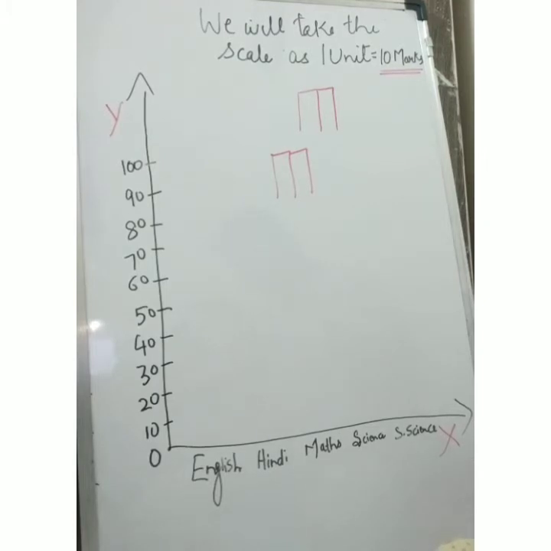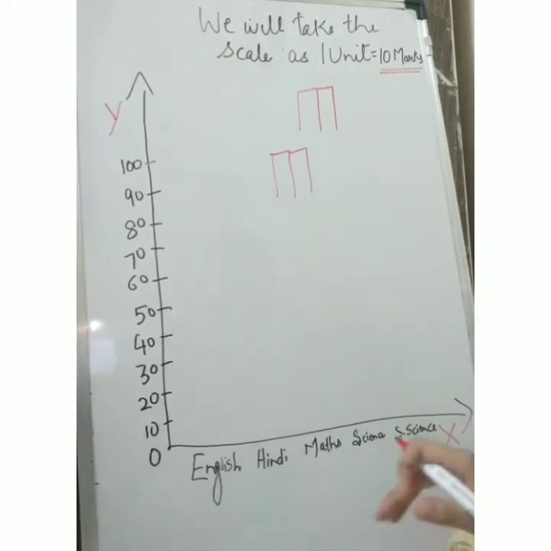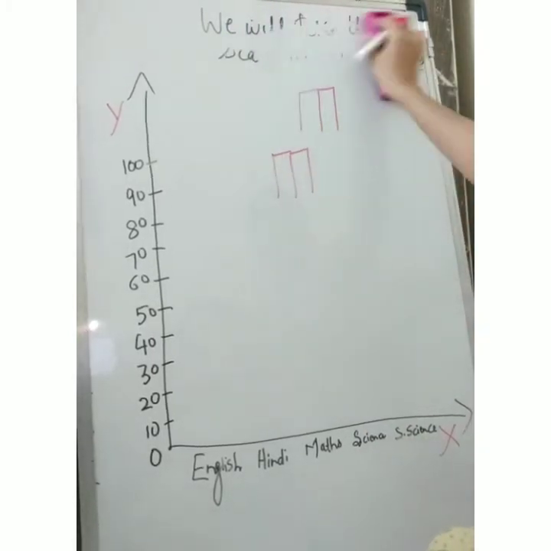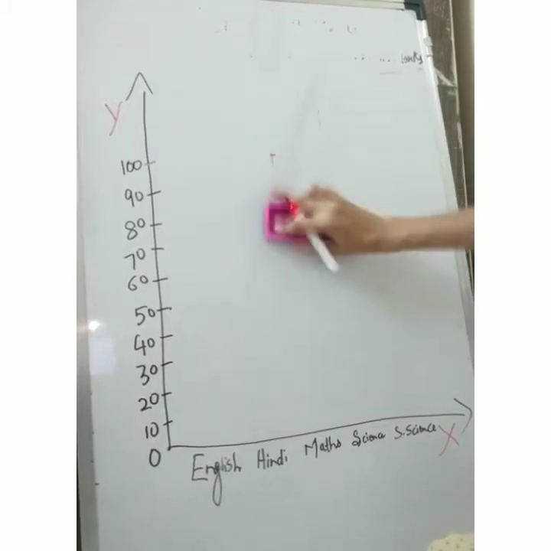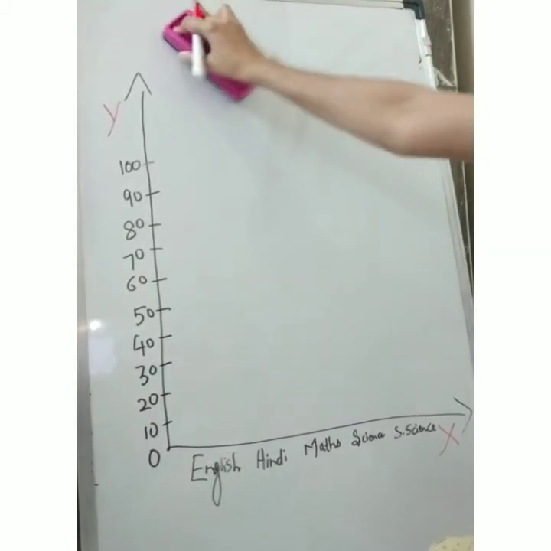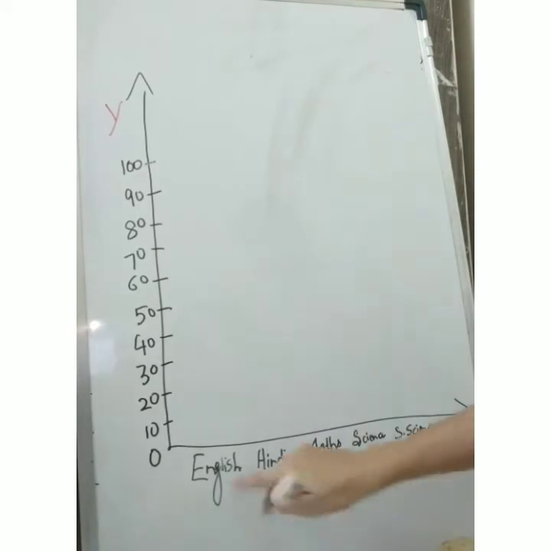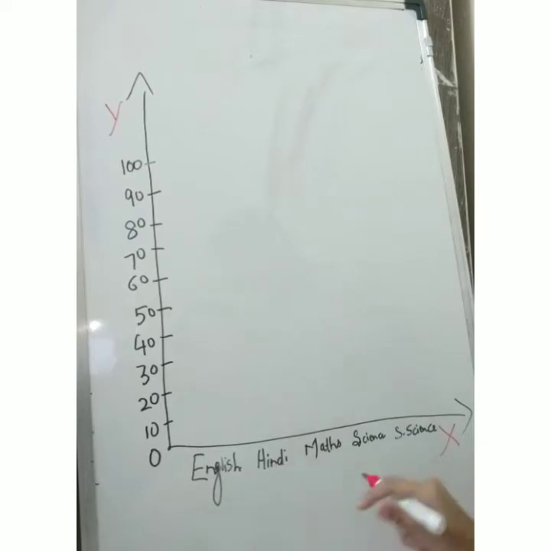Now we have first term and second term, right? So at the top I'll explain what we will write. For English, first term and second term marks we will put. For Hindi also first term and second term marks we will put.